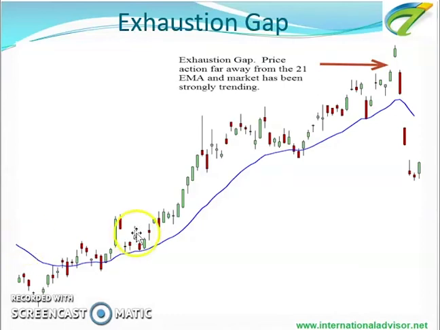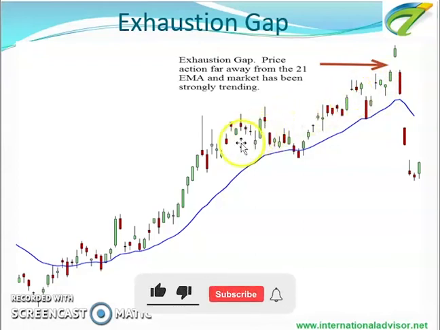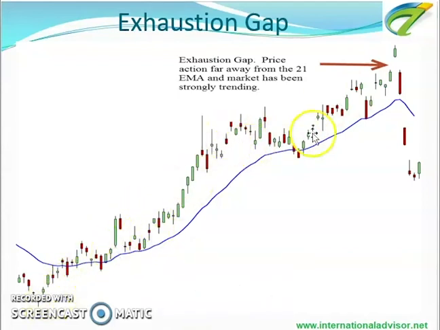Here is a live example of this. You see, there were multiple gaps. This gap, this gap, this gap, this gap, this gap. So the market is continuously trending up from here. A lot of gaps, and somebody could take it as a runaway gap.